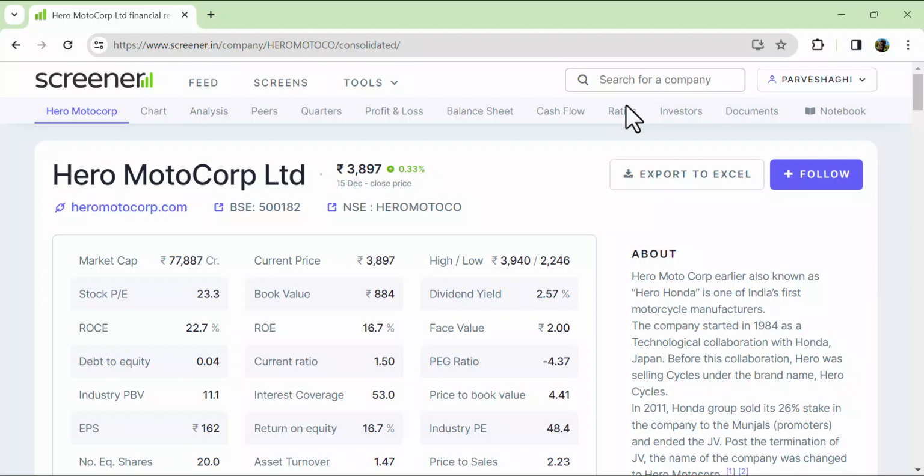All old economy companies trade at a low level. Like Tata Steel was trading at close to about 8 to 9 PE ratio.